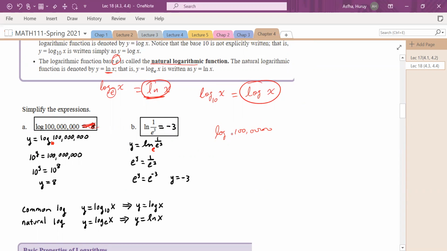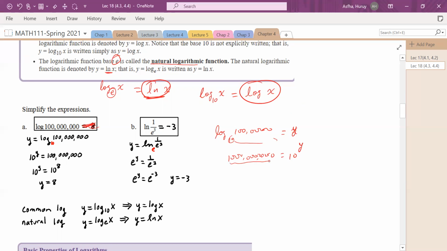So here, since there is no base written, that means this is base 10. Therefore, I will use the same variable y and change this one to exponential form. So let's take this 10 to here. We'll have 10 million equals 10 to the power of y.